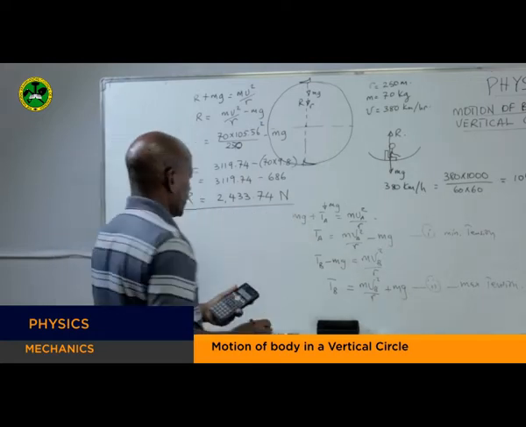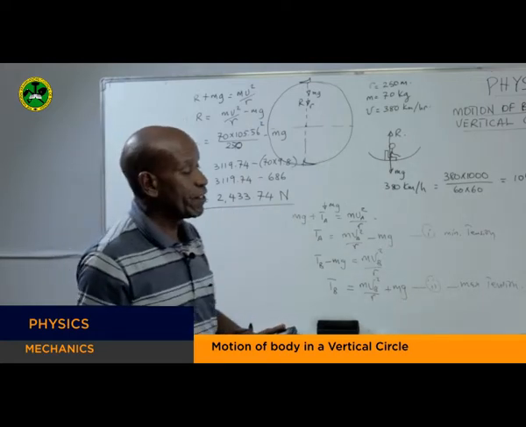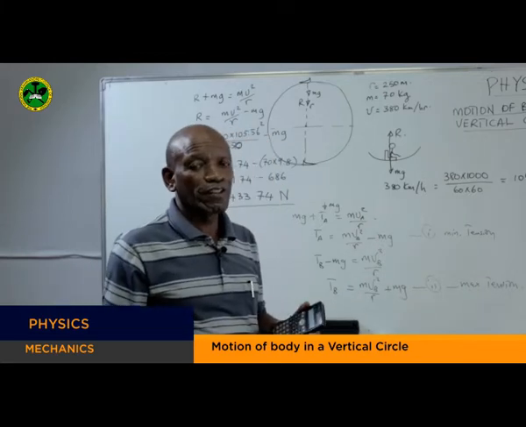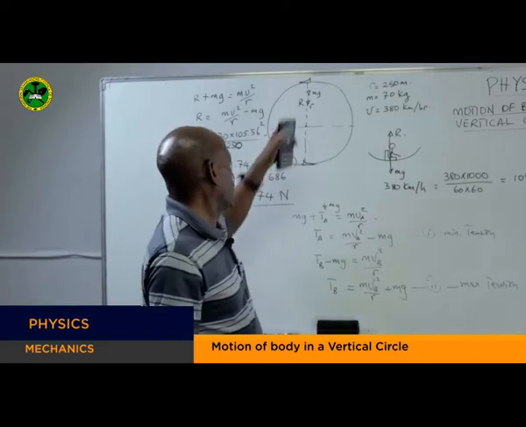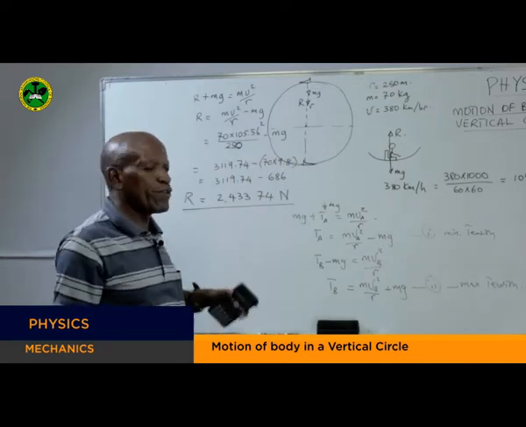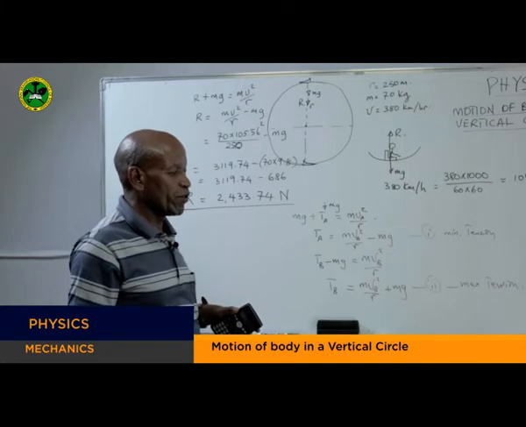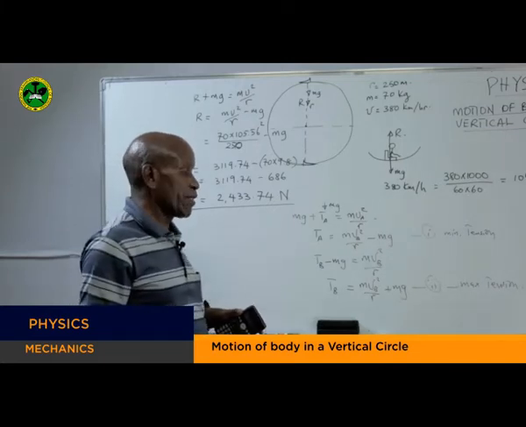So the reaction this particular pilot is going to feel whenever he is looping the loop at the top will be equal to this much. This is the bigger force.